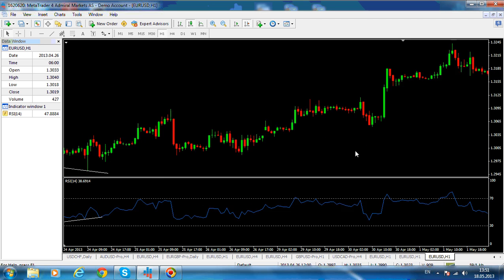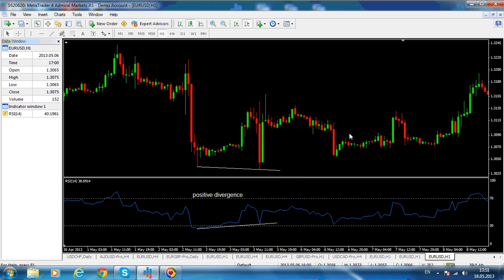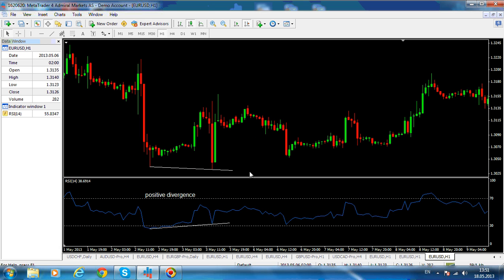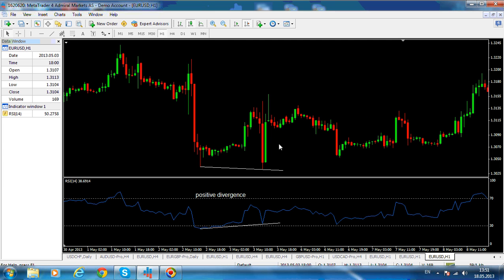So we had two examples of positive divergence, one here and also one here. What you should look for is price to fall and the oscillator, in this case the relative strength index, to rise. So once again, divergences are one of the most used concepts by traders, regardless of what they are trading. You can identify this type of divergence regardless of what you are trading: stocks, commodities, currencies, whatever.